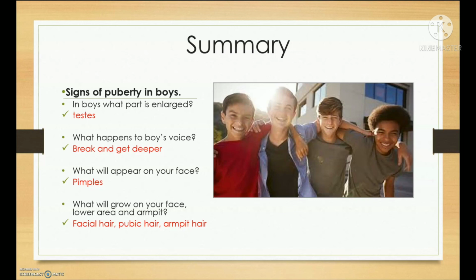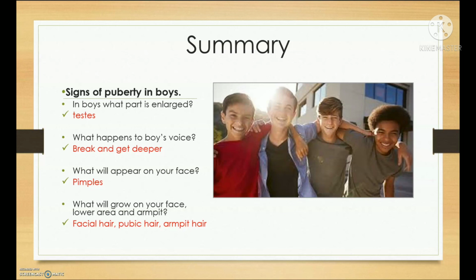Okay, another question. What will appear on your face during puberty? Very good. Pimples. And lastly, just to summarize, what will grow on your face, lower area or pubic area, and armpit area?